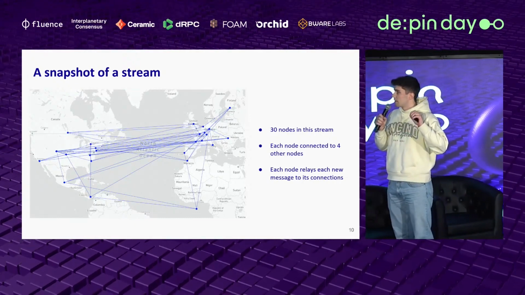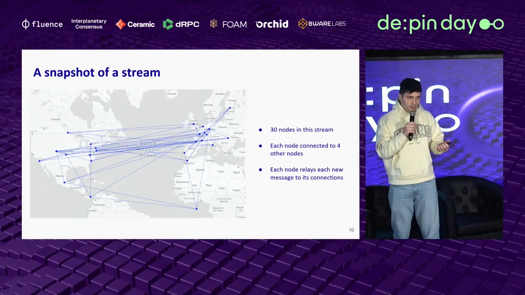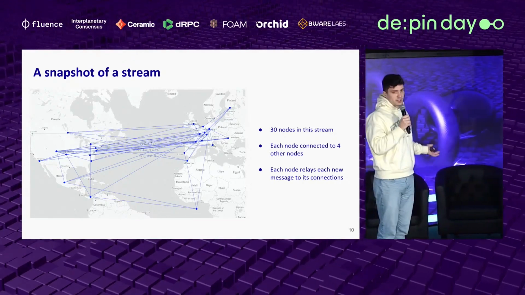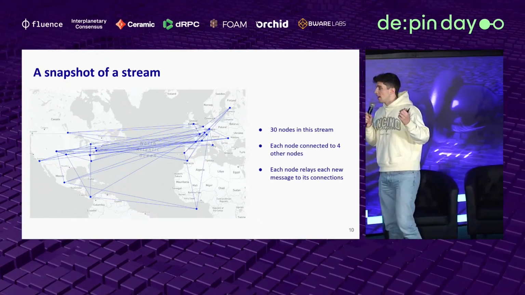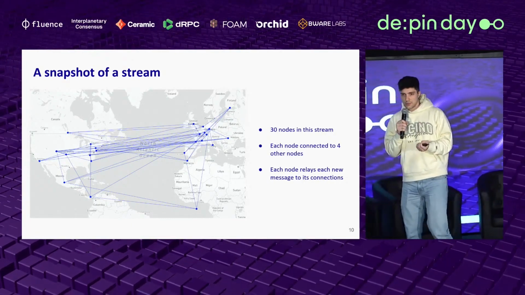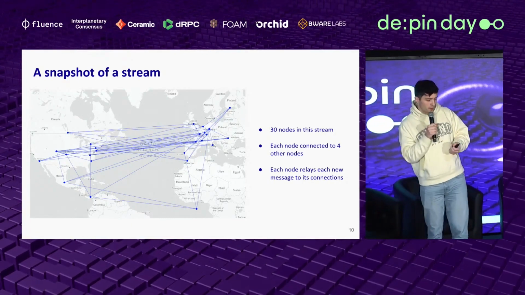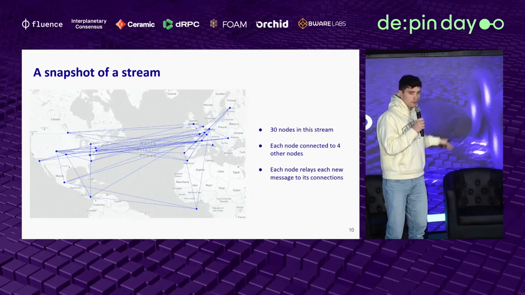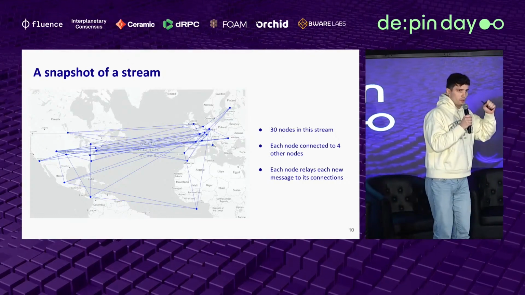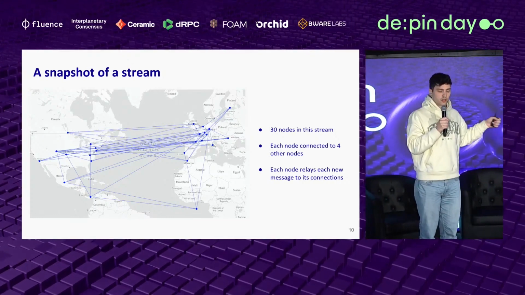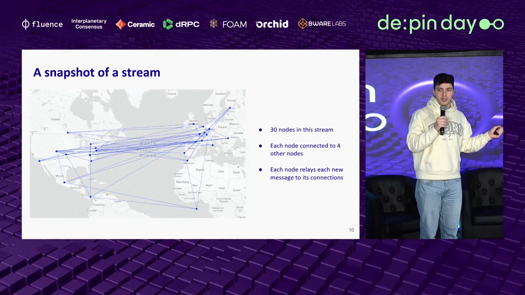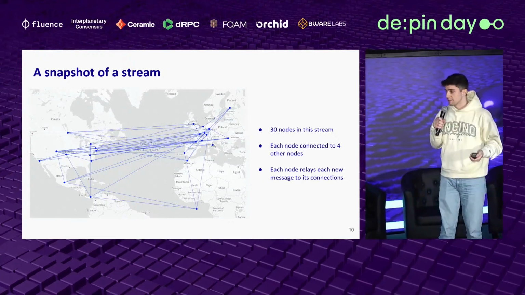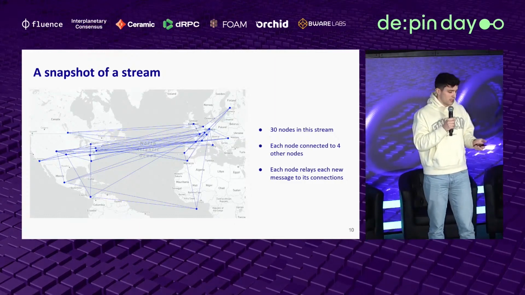Each group chat member is one node, right? So you have 4 neighbor nodes that you're connected with in this peer-to-peer network. Whenever you send a WhatsApp message, you send it to all of your 4 peers, and then those 4 peers propagate the message across the network to their 4 peers. That's a chain, and that way everyone gets the message in real time, or almost real time.